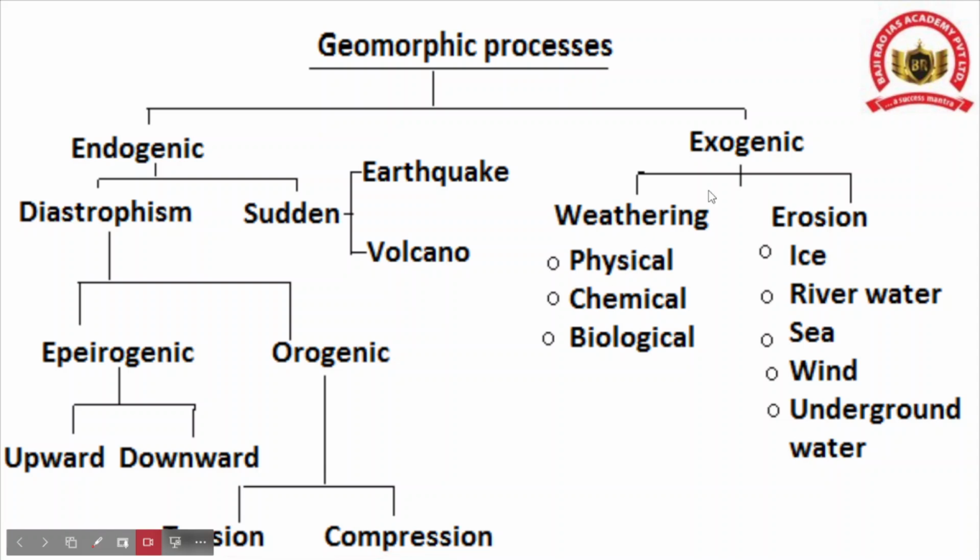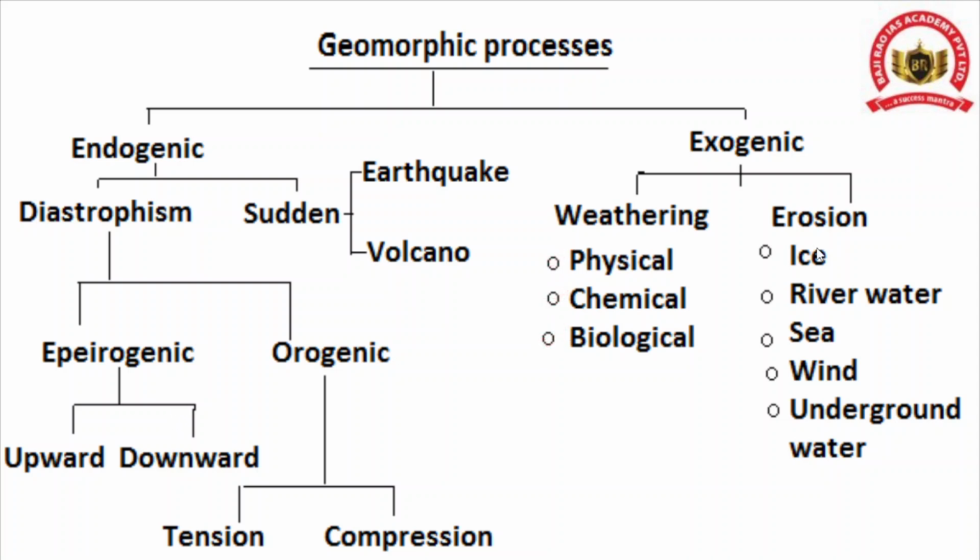After that, we also have the exogenic factors. In exogenic factors, we talk about weathering and erosion. Weathering could be physical weathering, chemical weathering, or biological weathering.